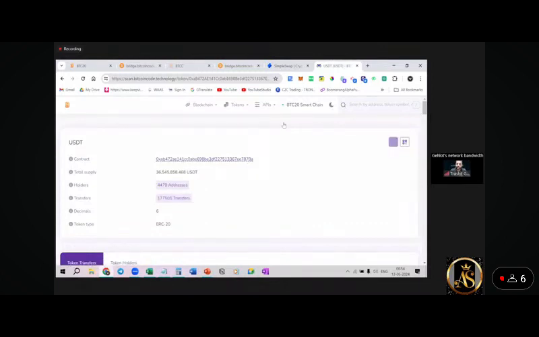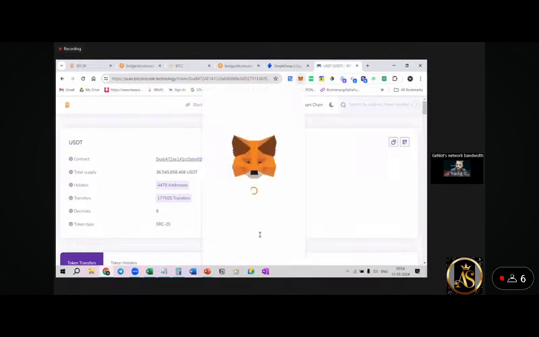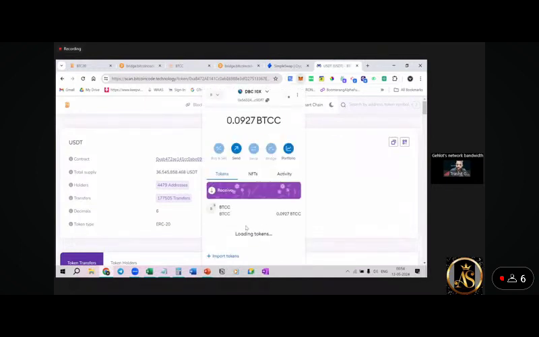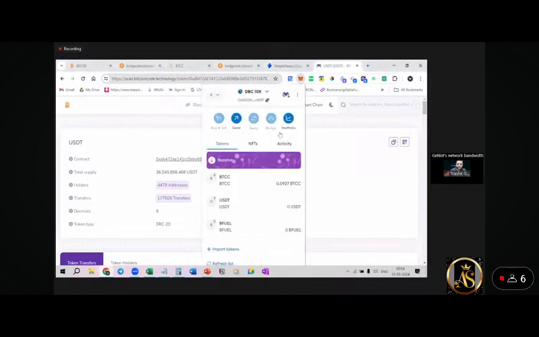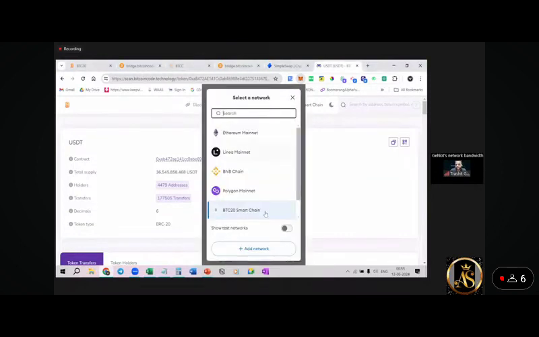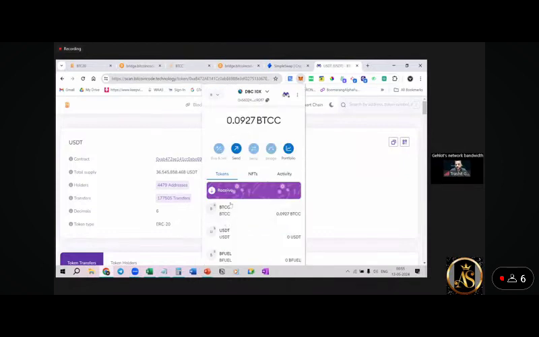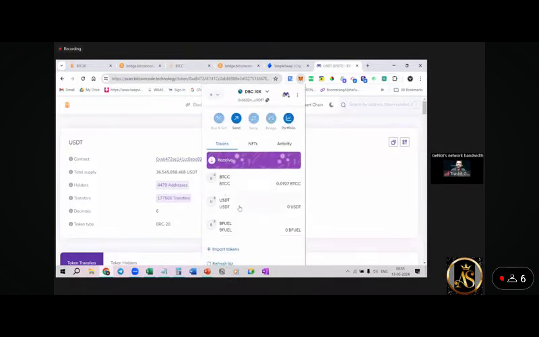Copy this smart contract address, go to your MetaMask wallet, use the import token feature, paste your USDT smart contract address, and you will have USDT available on your MetaMask wallet. As the blockchain is the BTC20 smart chain, this USDT is basically USDT BTC20.